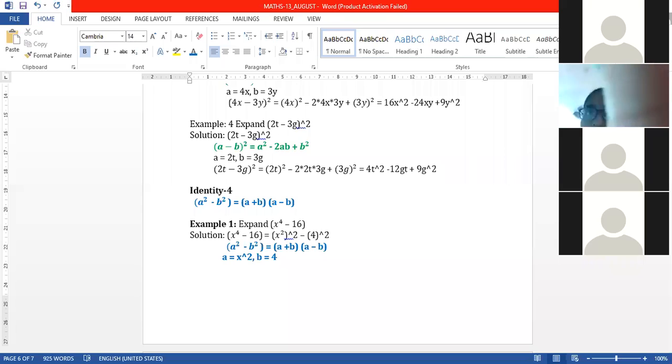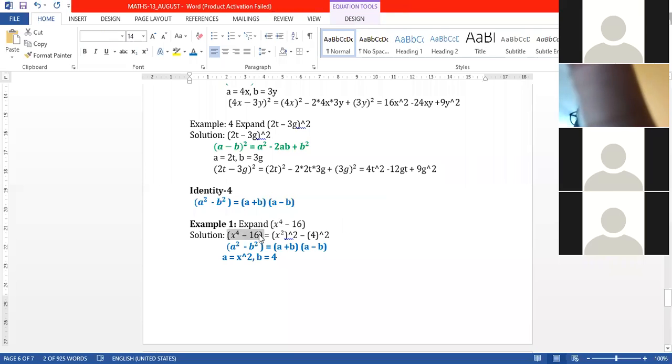Now x power 4 minus 16 is equal to (a plus b), what is the value of a here? (x square plus 4), second bracket (x square minus 4).